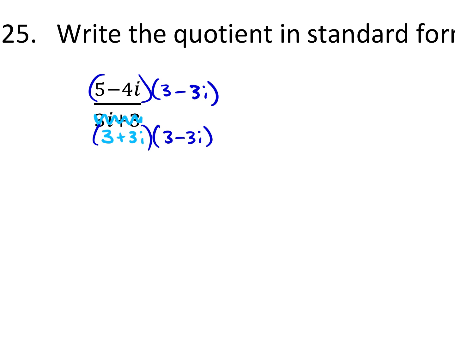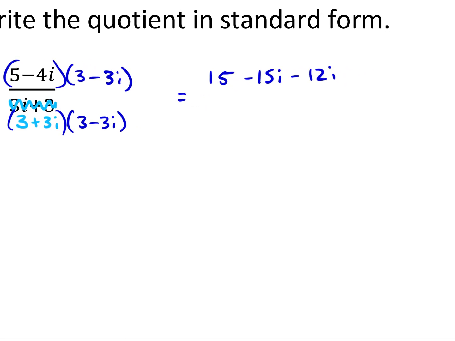On the top, we're going to FOIL it out. So we get 15 minus 15i minus 12i plus 12i squared.